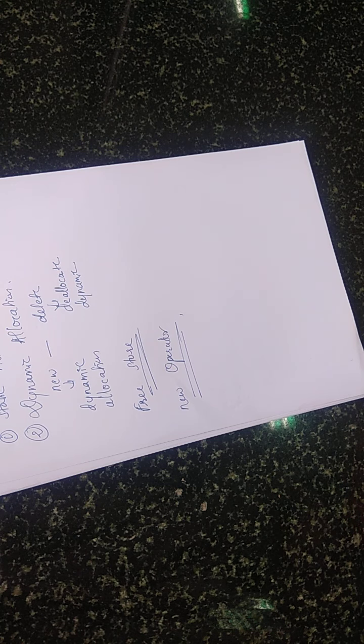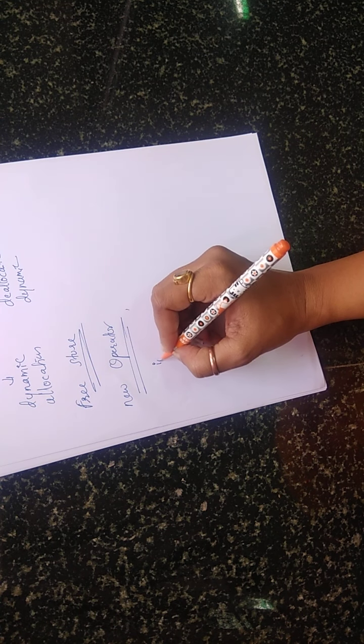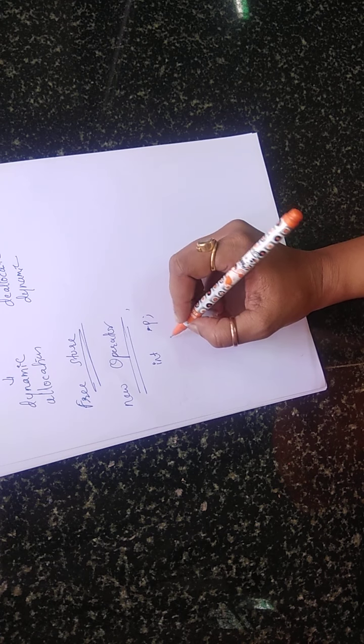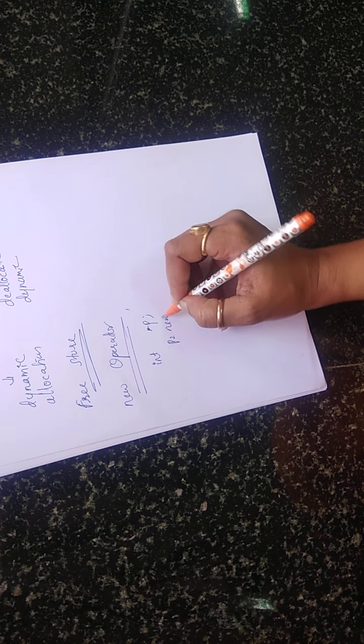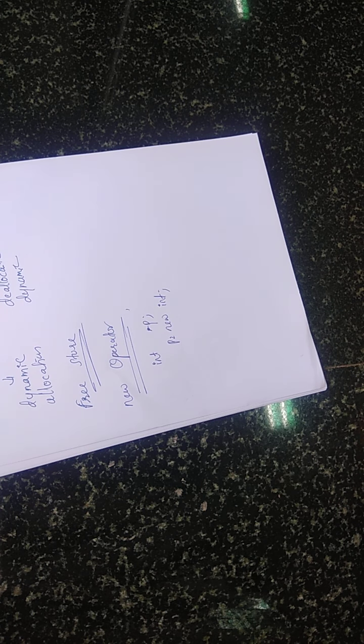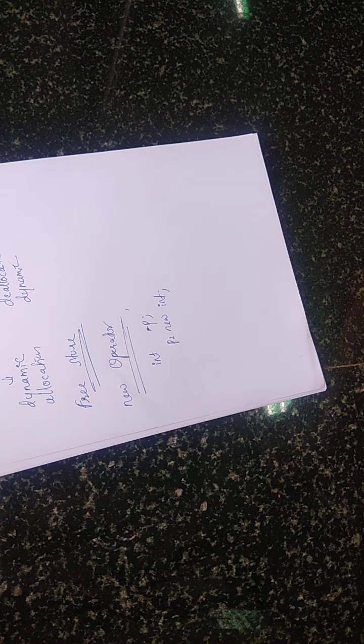Here we can give two lines of example, as I had given in the previous class. The example: int asterisk p. Next we can say p is equal to new int. So what we did here: p is the pointer variable we took of integer type, and later the memory which we want to assign to p, we made it dynamic allocation by using this new operator.